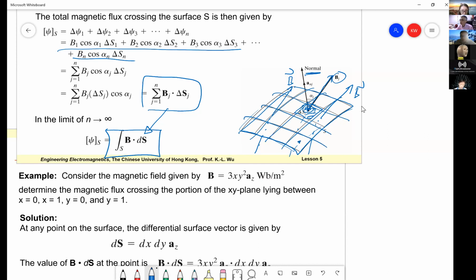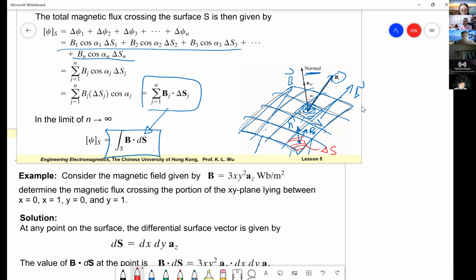I find the field intensity, then I take the projection onto the normal direction of this intensity B. I multiply by this area, delta S, and I collect all of them on each of these small surfaces. This is what I do for surface integration.